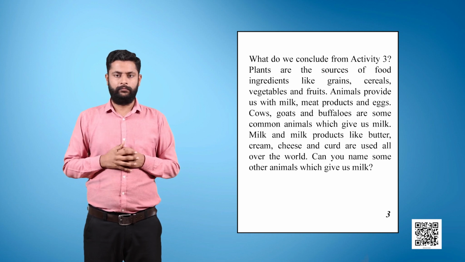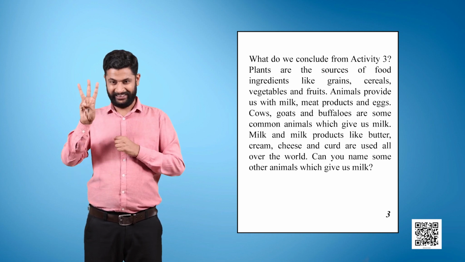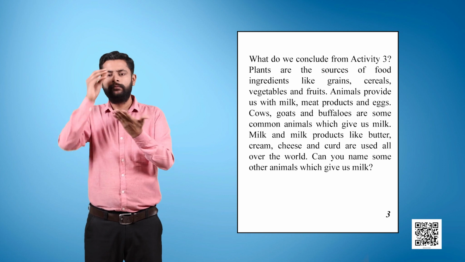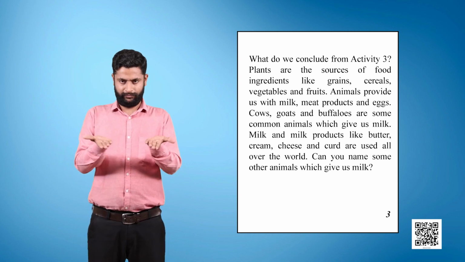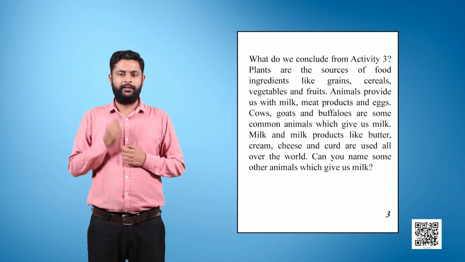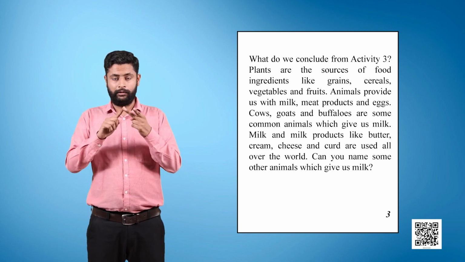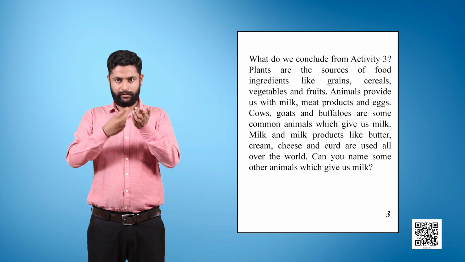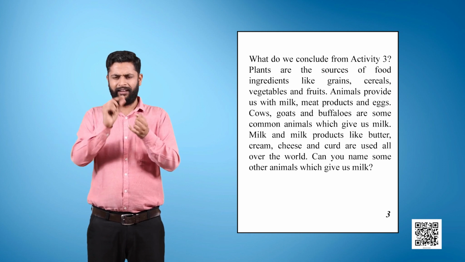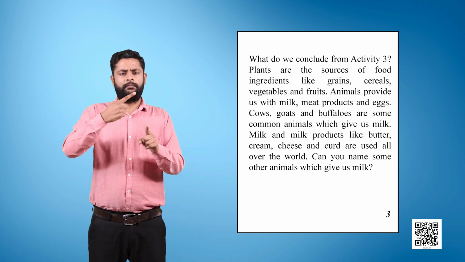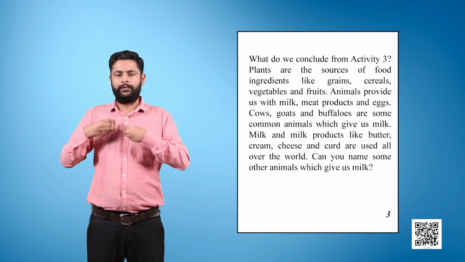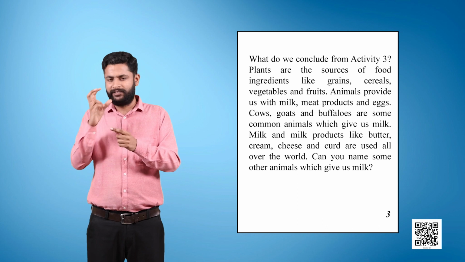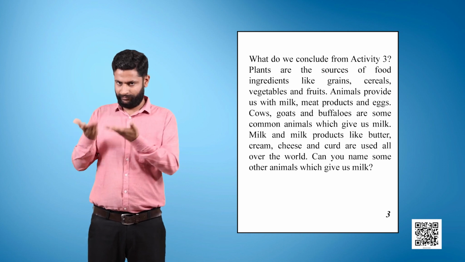Page 3. What do we conclude from Activity 3? Plants are the sources of food ingredients like grains, cereals, vegetables, and fruits. Animals provide us with milk, meat products, and eggs.